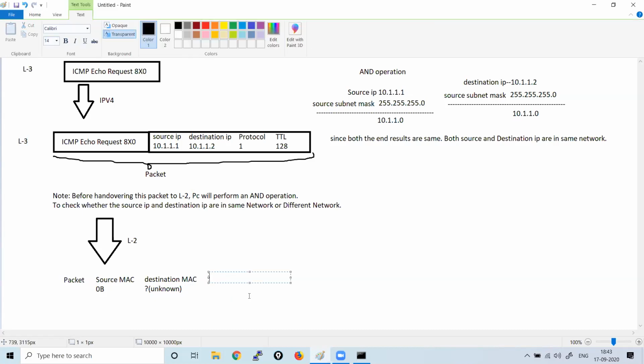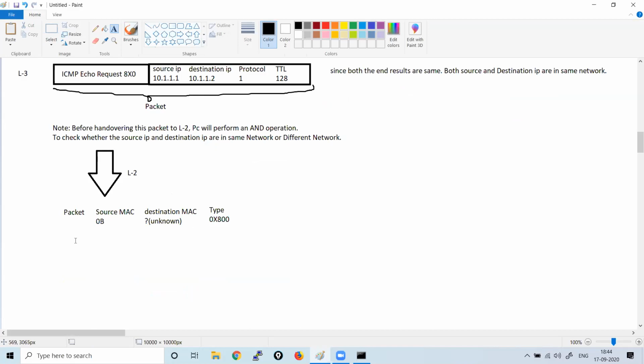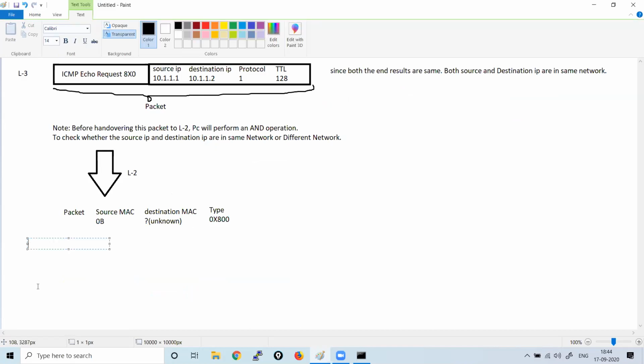Now the next field is what? Type. What is the type? Who has given this packet? IPv4. So the value would be 0800. Now, since the destination MAC is unknown, the frame is incomplete, correct?